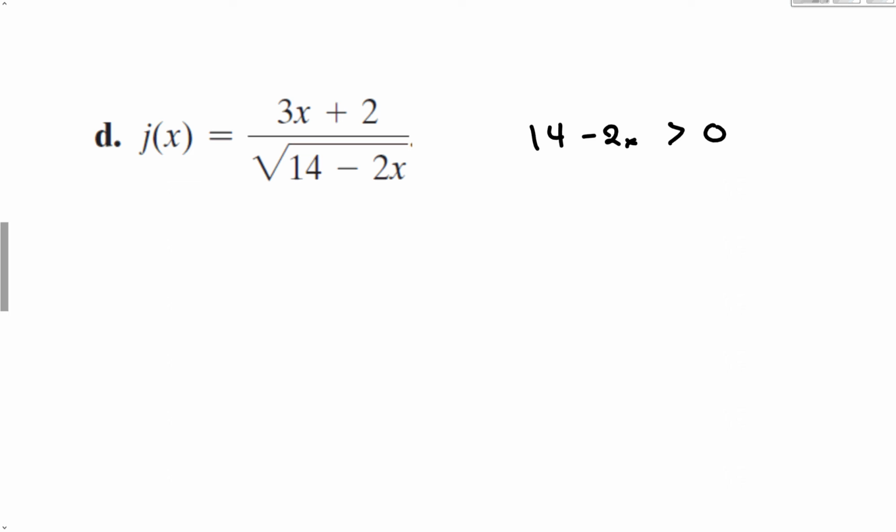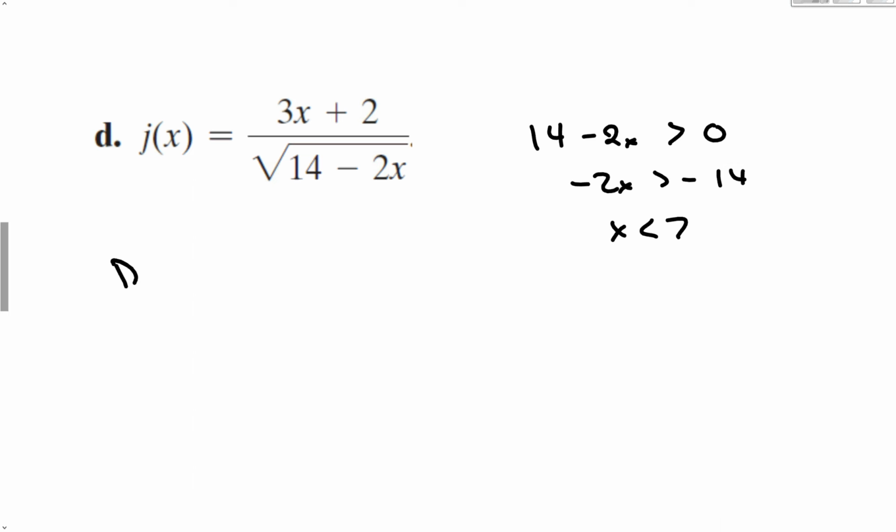Not greater than or equal to, because if it's equal to 0, that makes the function undefined anyway. Subtract 14 from both sides, and divide out the negative 2, remembering, of course, that when I divide an inequality by a negative number, we have to change the direction of the inequality symbol.